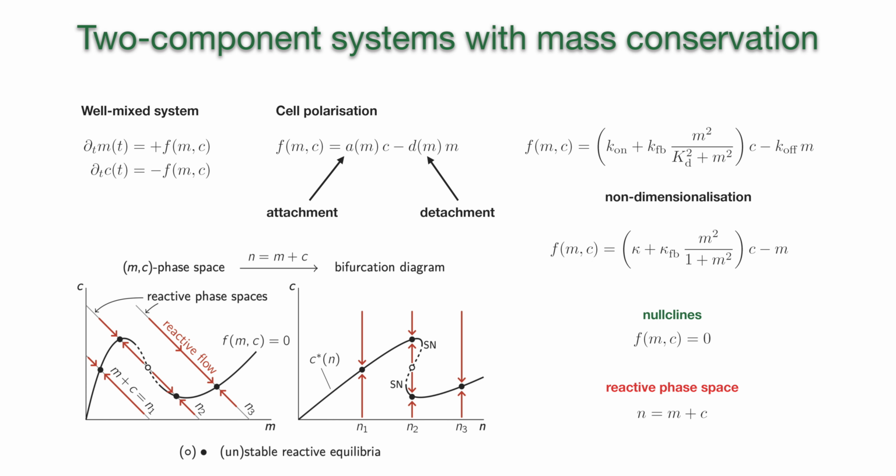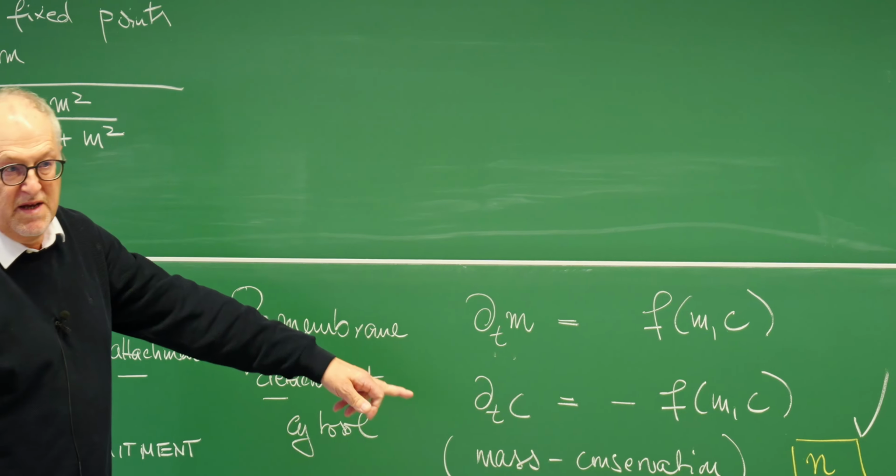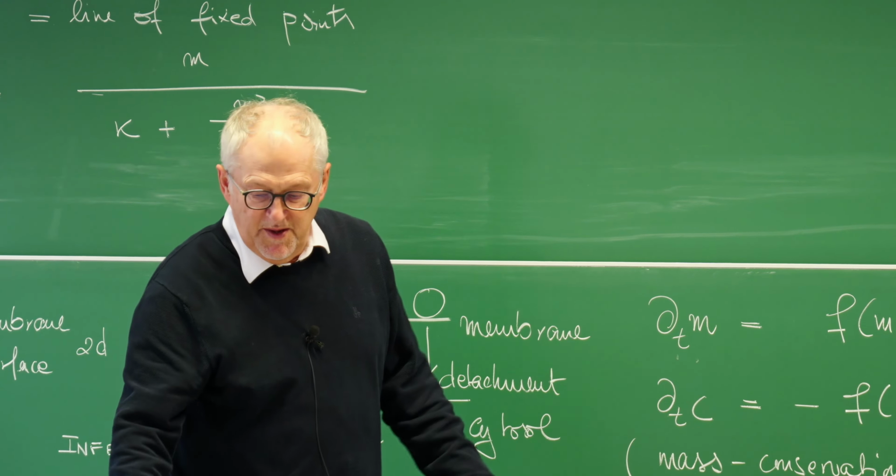One fact you also need to account for. If you just look at the nullcline, the set of equilibria, it's a set. So it doesn't determine what equilibrium you actually have. You need a second condition that fixes the equilibrium. And in our case, it is the total density n that fixes the equilibrium.